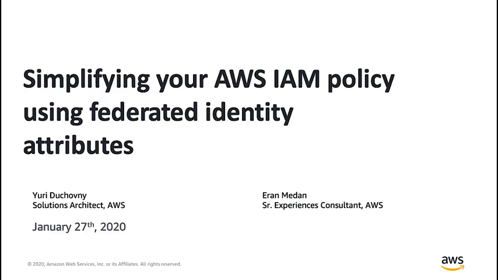We'll show how you can pass attributes from your corporate directory to the IAM session and how to use these attributes as IAM policy condition keys to create reusable, easy to scale, least privilege policies, giving developers freedom to build while keeping the right guardrails.